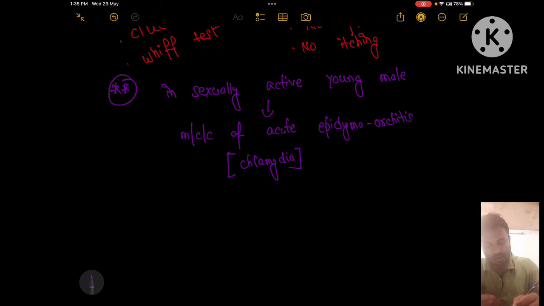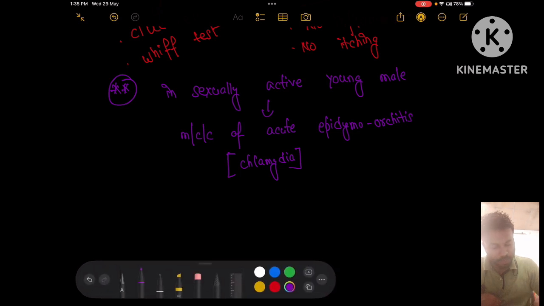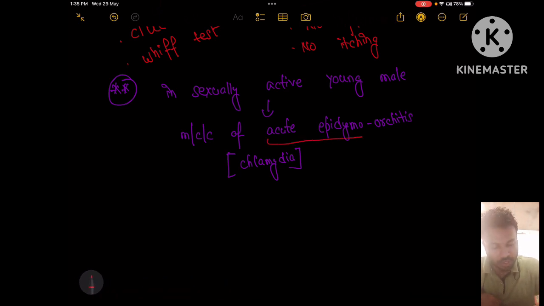And in the general population, the most common cause of acute epididymo-orchitis is E. coli.